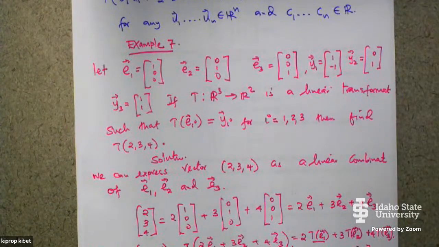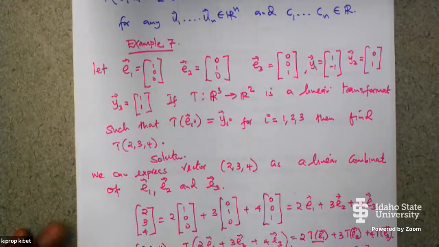So finally, you open that bracket. Therefore, T(2, 3, 4) will be equal to (6, 5).